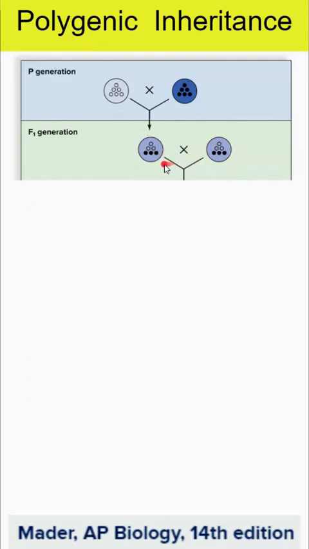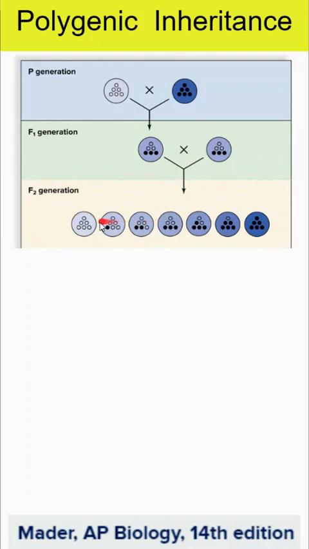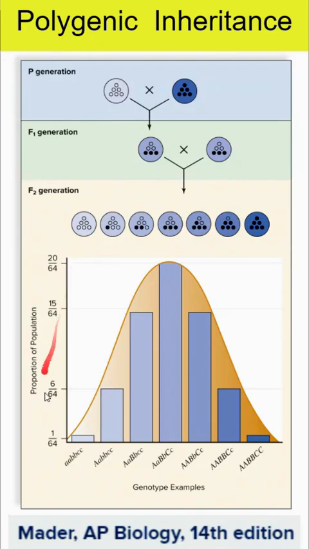You kind of get this mix. And in the F2 generation, it almost creates a gradient where it's not just a couple alleles. You have lots of different variation within this. And it would be rare, as you continue to move on, to be completely dominant or completely recessive. We kind of have this bell-shaped curve towards a mid-range of trait.